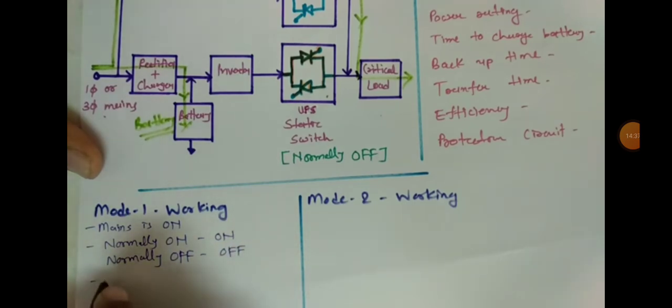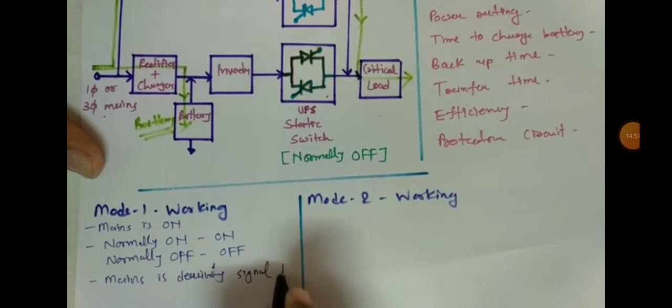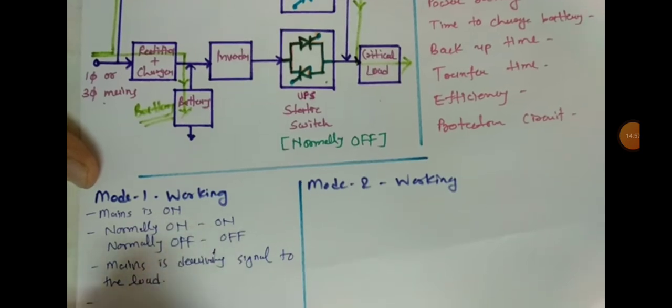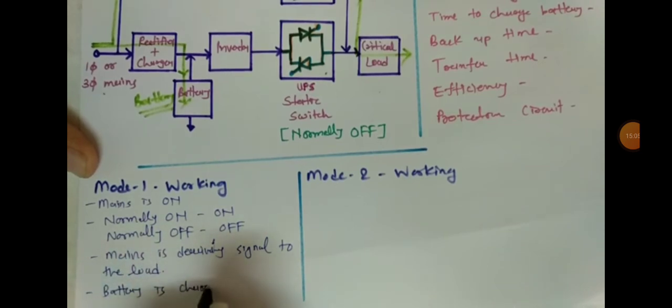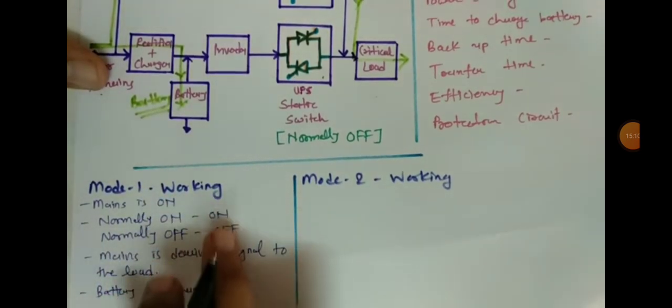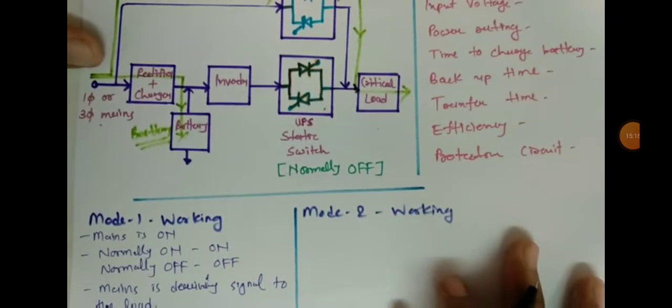So mains is delivering signal to the load and the battery is getting charged. When mains is on, at that time normally on is on, normally off is off. Mains is delivering signal to the load and the battery is charging.